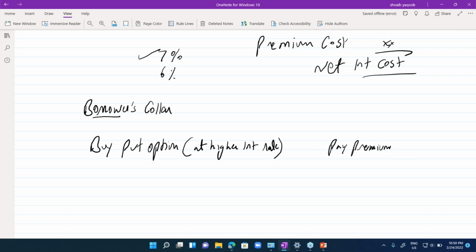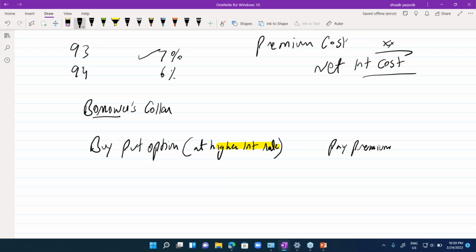So guys, borrower will always buy the put option at higher interest rate. Please mark these words. I'm not telling you the higher strike price, higher interest rate, because normally strike prices are given in inverse terms. It is given as 93, it is given as 94. I'm not talking about strike price, I'm talking about the interest rate. Borrower will buy the put option at higher interest rate.